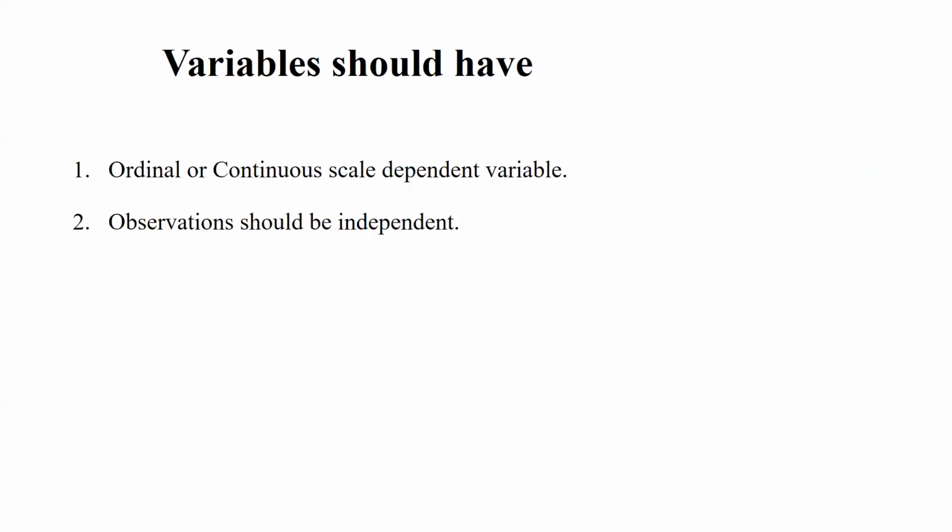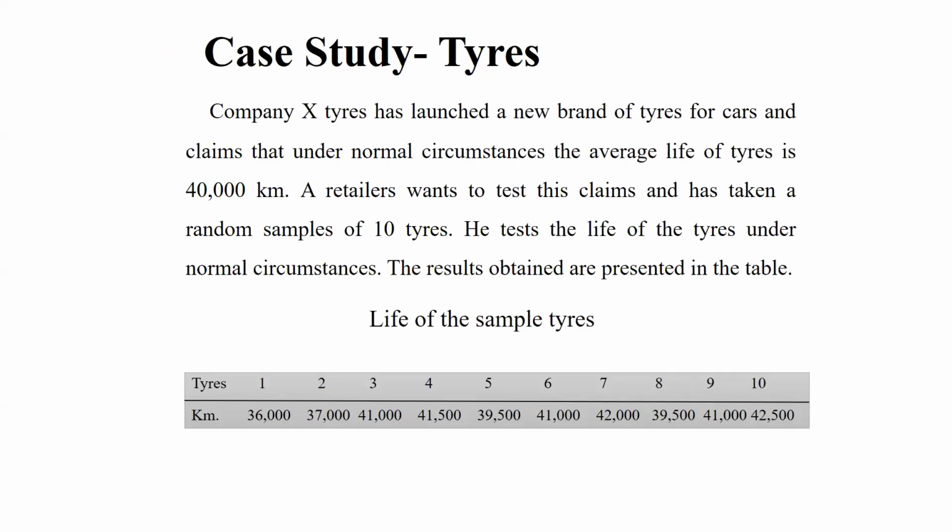What should be the conditions for the one sample Wilcoxon rank sign test? The data should be on an ordinal or continuous scale and observations should be independent. The example is this.